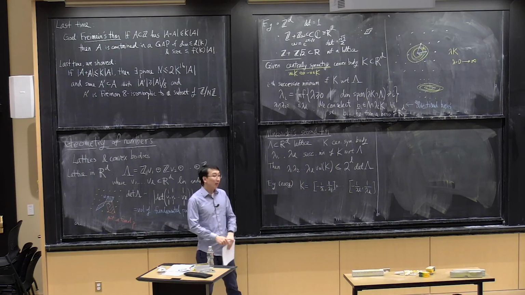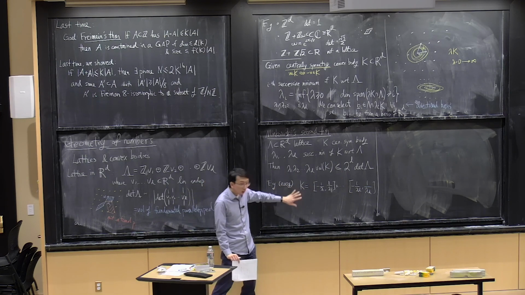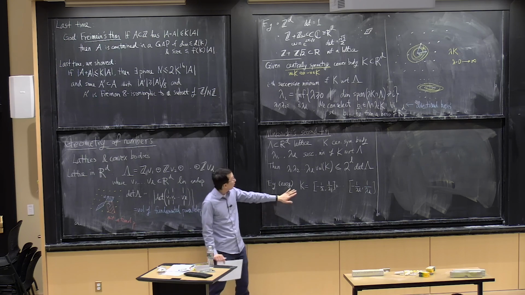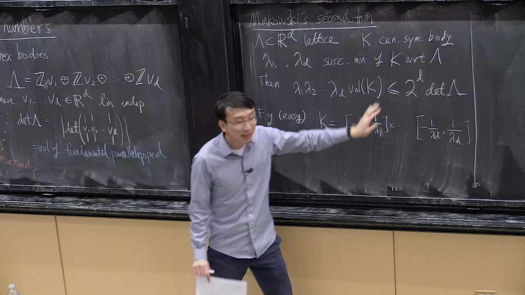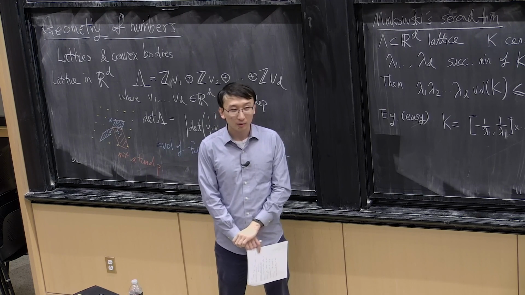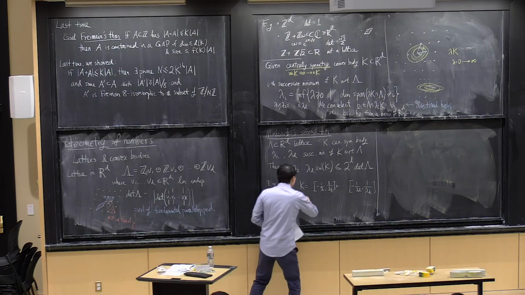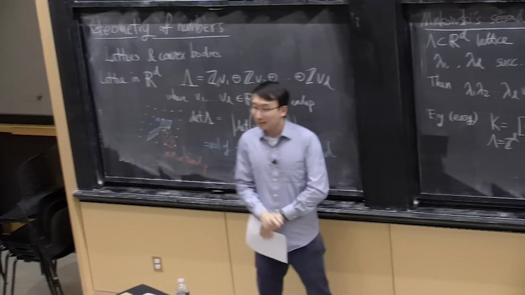So then you see that the successive minima of this box are exactly the lambda_i's. And you can check that for this inequality, it's actually an equality. So in this case, lambda, the lattice, is the integer lattice.